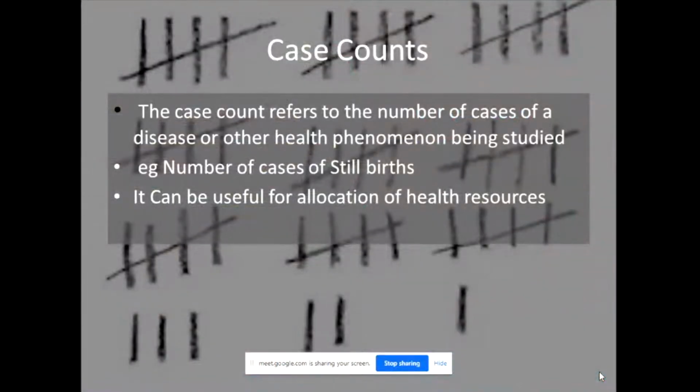So the case counts refer to the number of cases of disease or other health phenomena being studied. كلش بسيط. case count مجرد تحسبون عدد البيبل اللي عندهم هذا الديزيز أو هذا الانفكشن وخلاص. مثلا number of cases of number of birth, number of dental caries, number of periodontal disease مثلا in a school or in a city. هذا معناته case counts. It can be useful for allocation of health resources also.